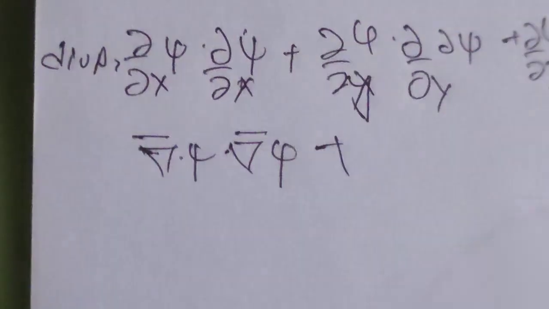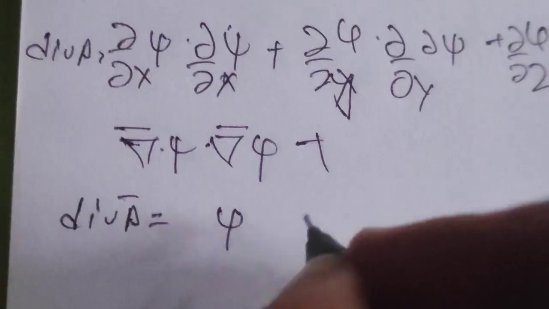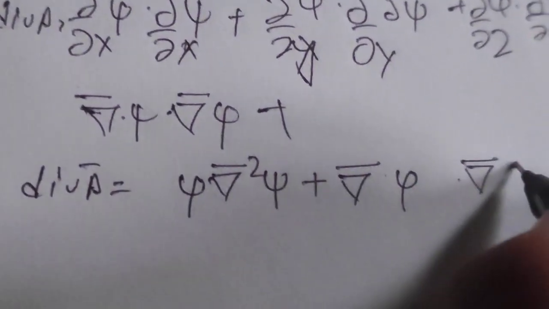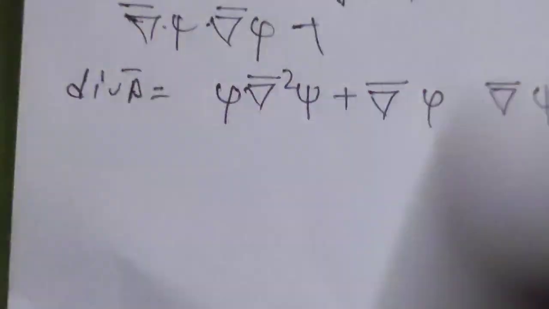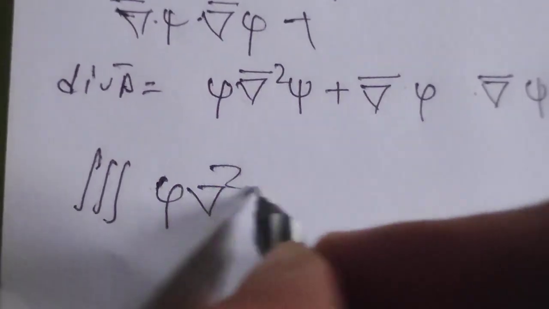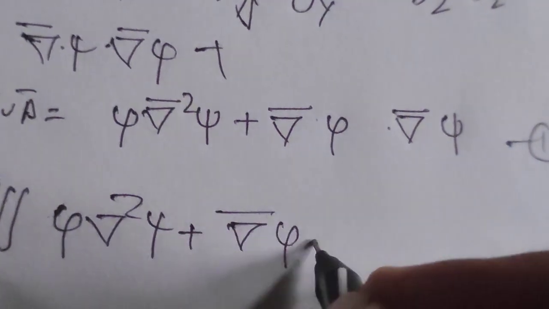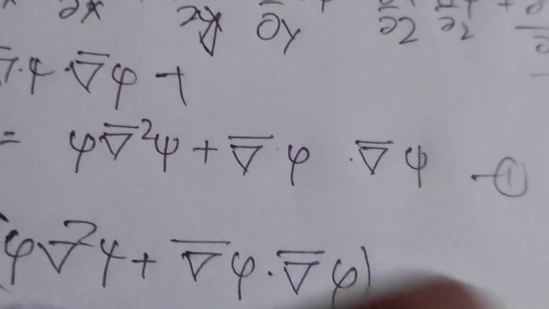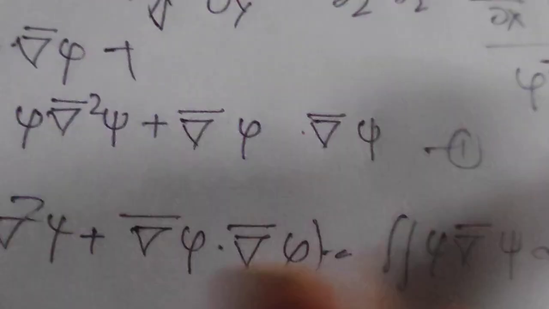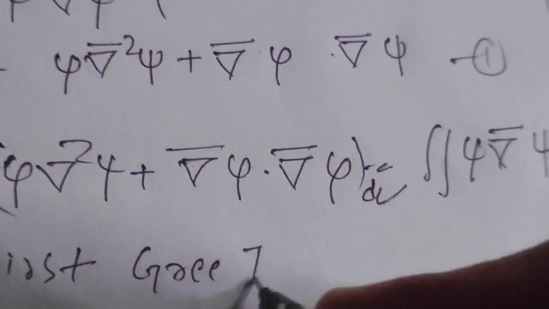So this is the whole value of the divergence of A. Let's put all of this in equation 1: phi del squared psi, the Laplacian, plus gradient phi dot gradient psi. Putting it in equation 1, the triple integral of divergence of A, which is phi del squared psi plus gradient phi dot gradient psi, dv, is equal to the surface integral of A, which is phi gradient psi dot ds.